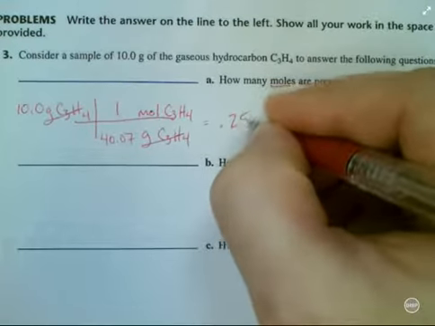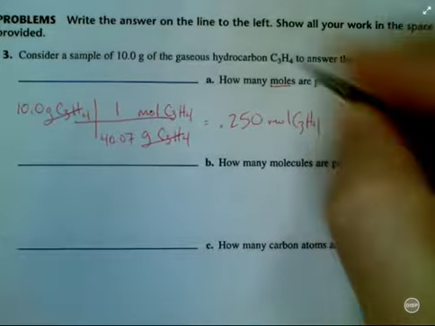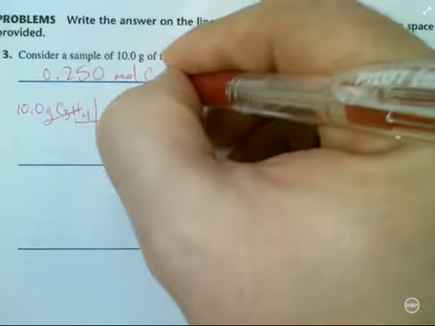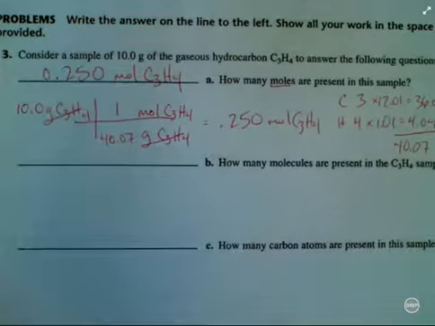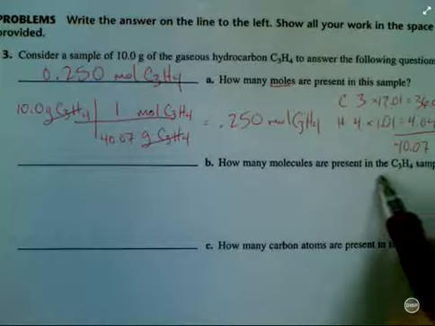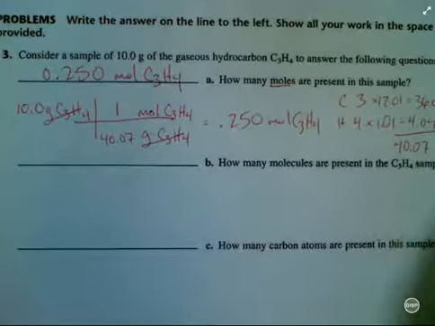So I am going to have a final answer. I guess I'll write it up here. 0.250 moles C3H4. B, how many molecules are present in this sample of C3H4?